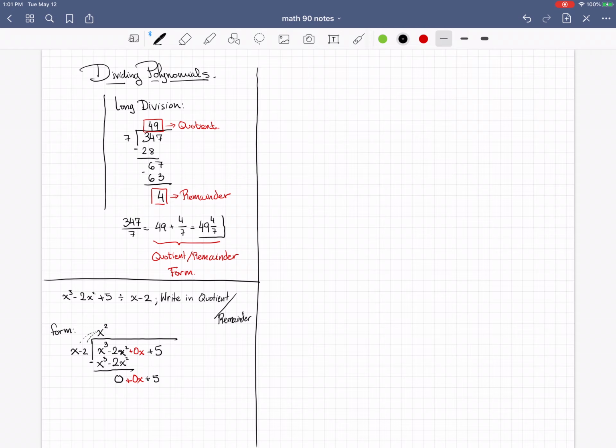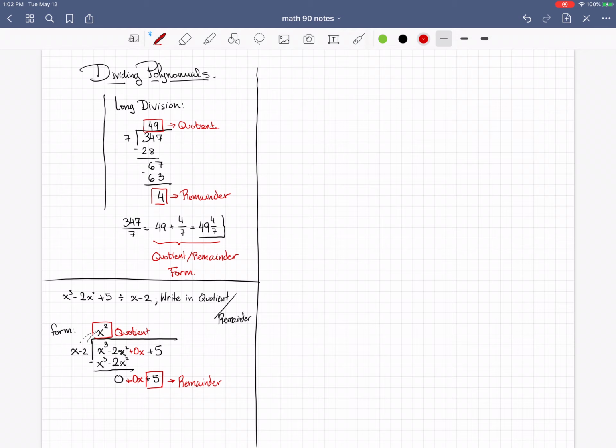So as it turns out, this was a great first example because in just one step, we see our remainder. So our remainder is 5, and our quotient is x squared.